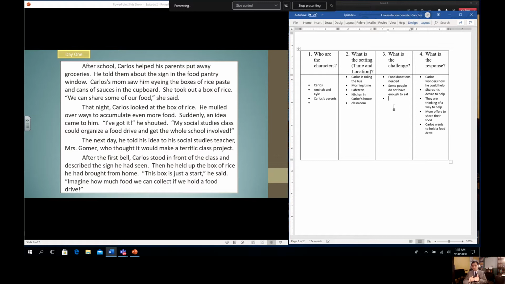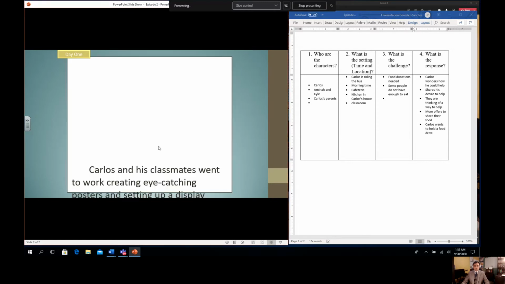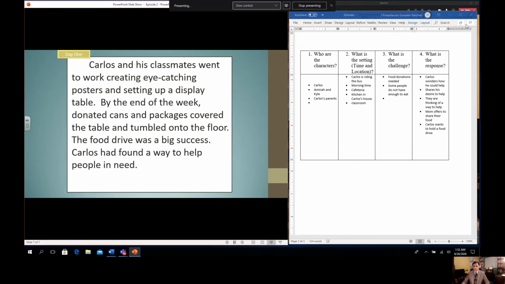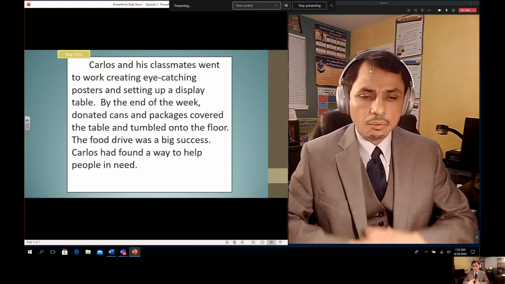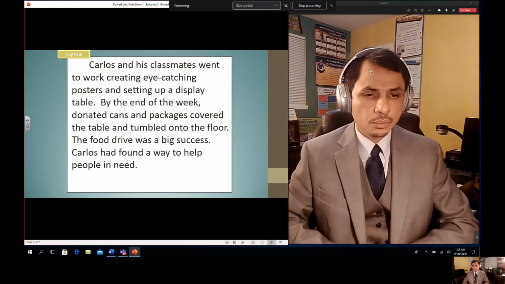And why can we move on? Or why is that an option? It's an option because we identified that response already, a food drive. And now we are ready to move on to the final paragraph of the story. So we will read this paragraph and we will stop and continue the process.